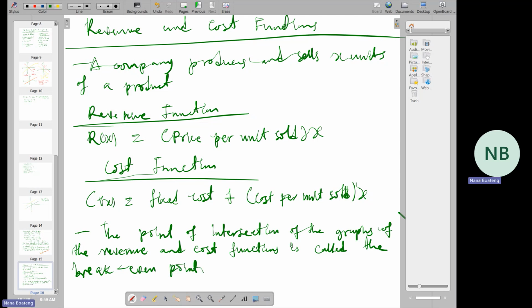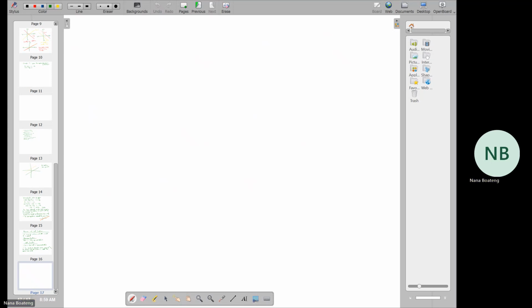All right, so let's use an example to illustrate the revenue and cost functions. So this should be our example 6.